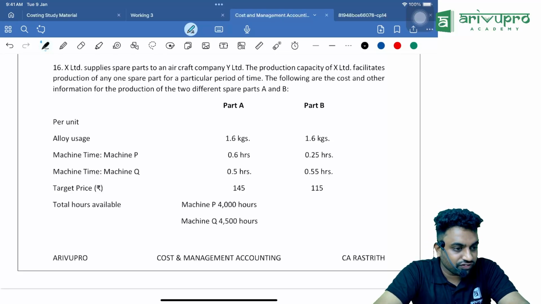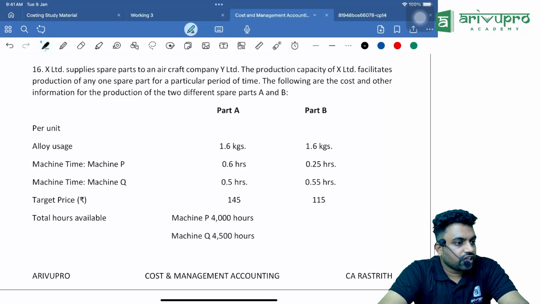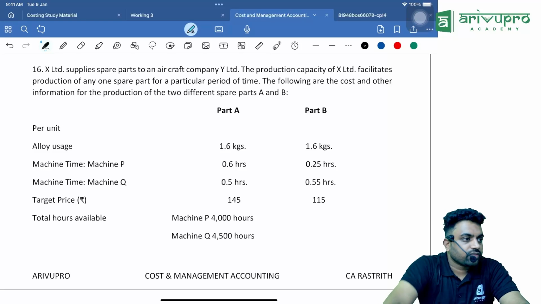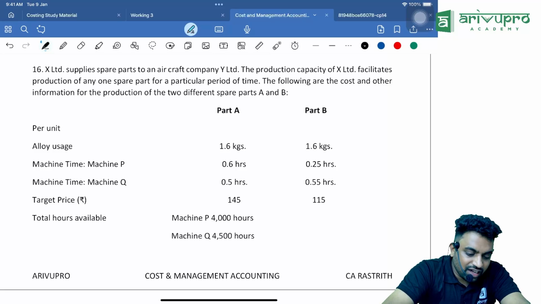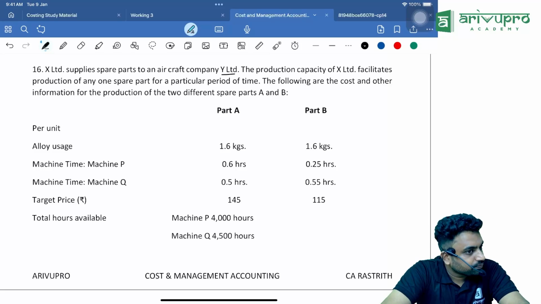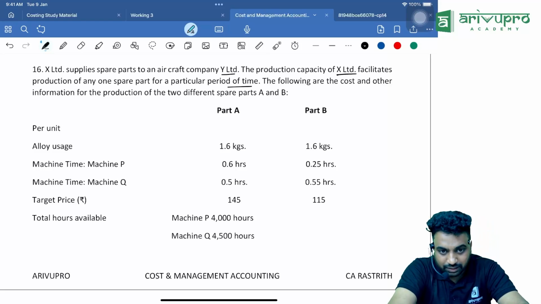Listen everyone carefully. X Limited, everyone concentrate. X Limited supplies spare parts to an aircraft company, Y Limited. The production capacity of X Limited facilitates production of any one spare part for a particular period of time.